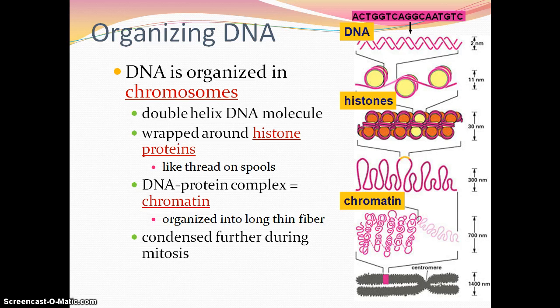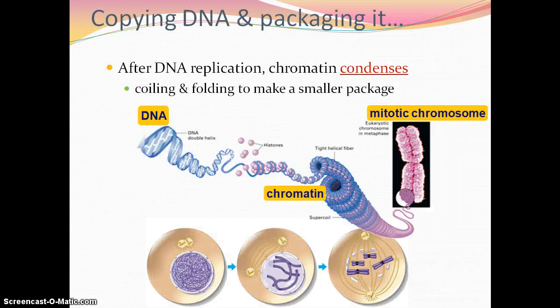During mitosis, the chromatin is what we see as it becomes condensed. That little bottom picture shows a duplicated mitotic chromosome, and that's not to be confused with a homologous chromosome.